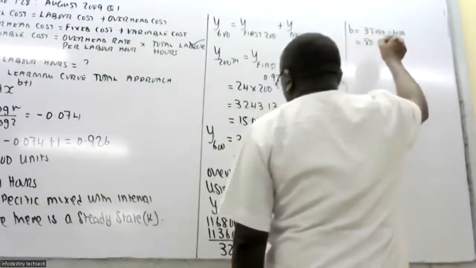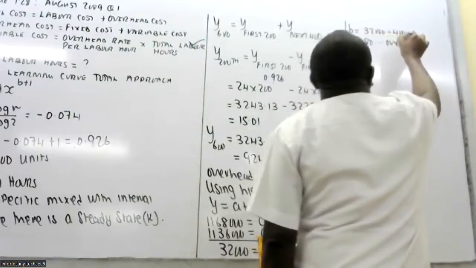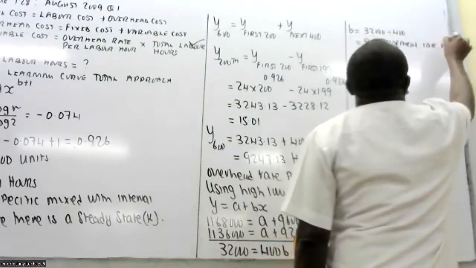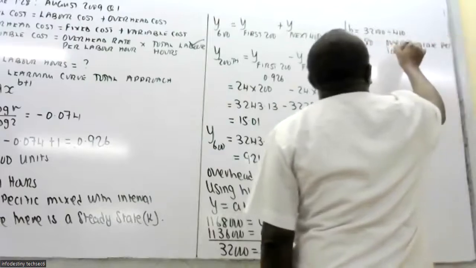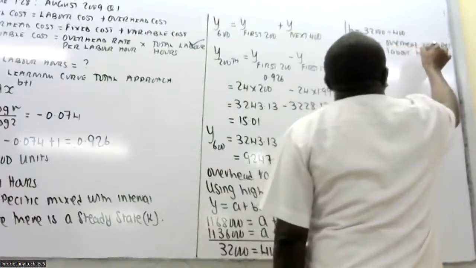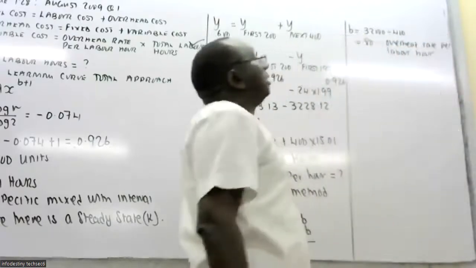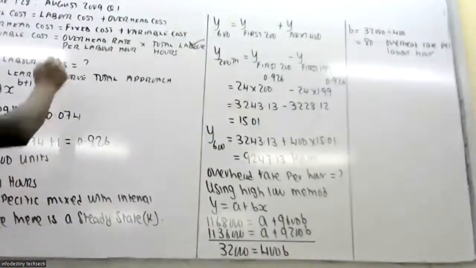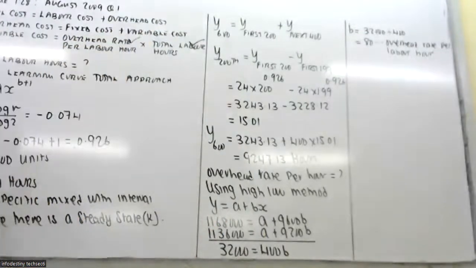Now this is the overhead rate per labor hour. So I see we had come from there, and now we have found the overhead rate per labor hour. So we can now get variable overhead costs.